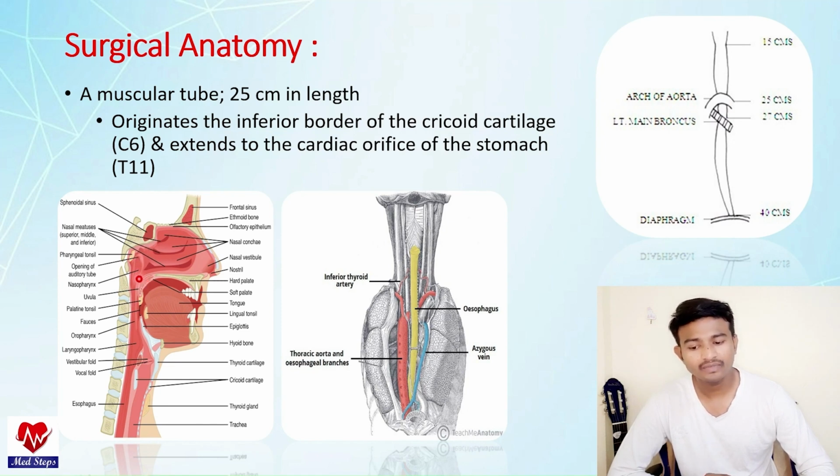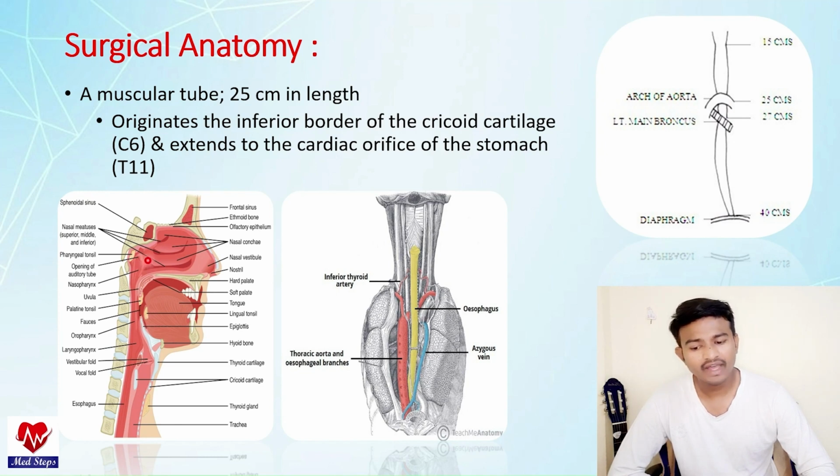If you come down after the soft palate, posterior to the mouth, we call this the oropharynx. If you come down to the epiglottis, posterior to the larynx, you will get the laryngopharynx.